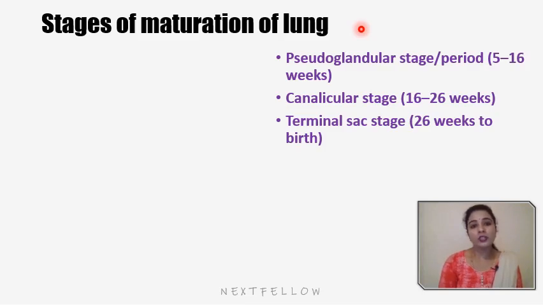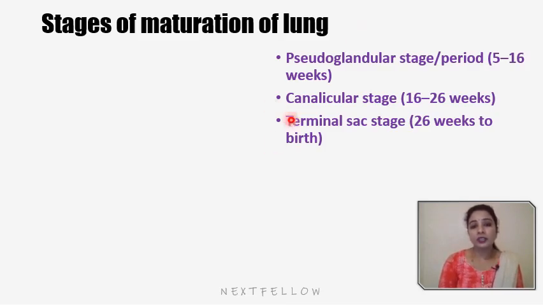Respiratory bronchioles and the alveolar ducts are formed, and fewer alveolar sacs are also formed. Lung tissue is well vascularized in this stage. The fetus born at the end of the stage can survive, if given intensive care unit.